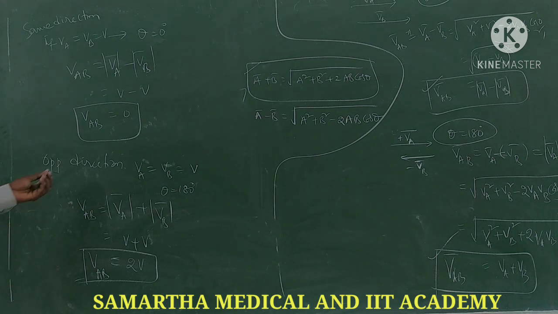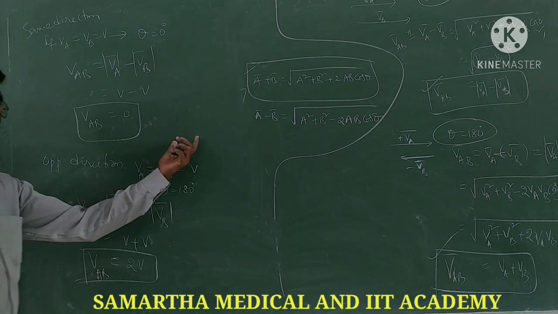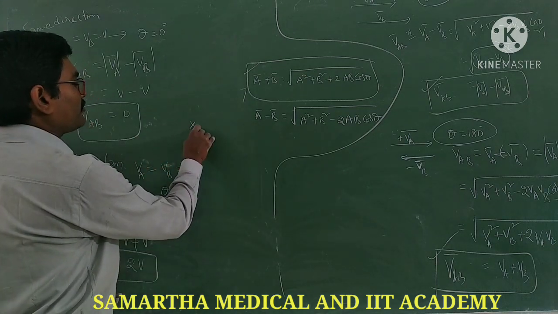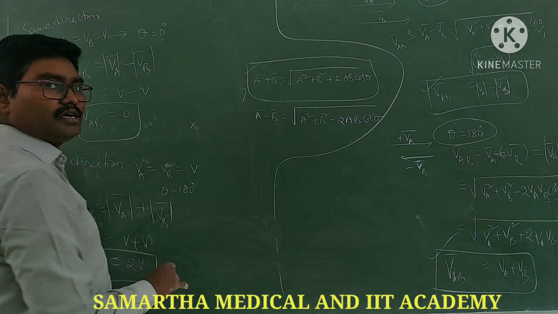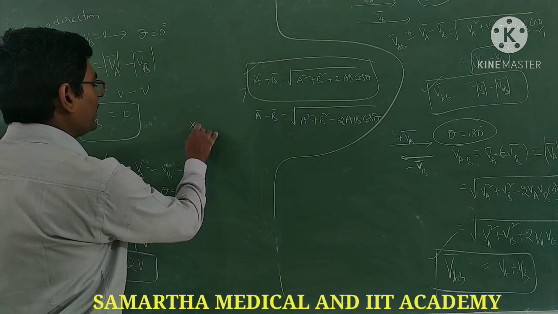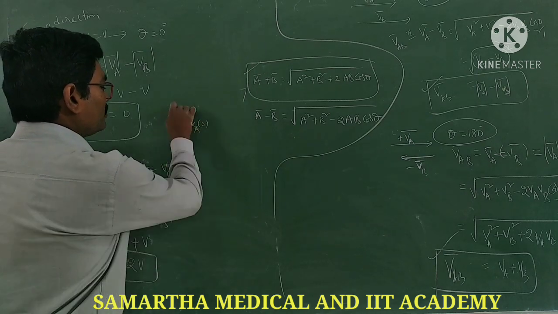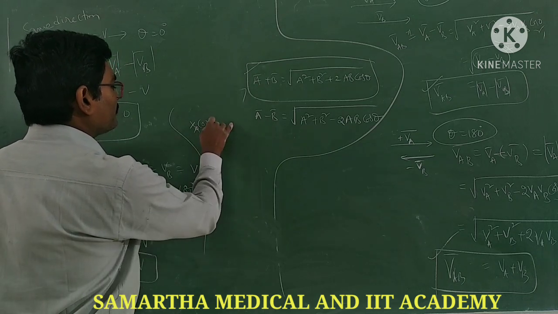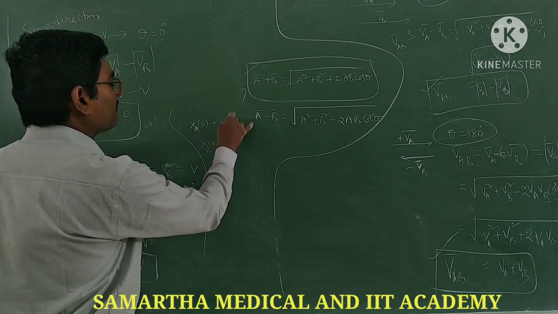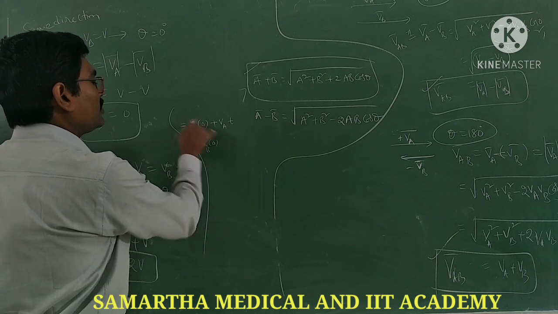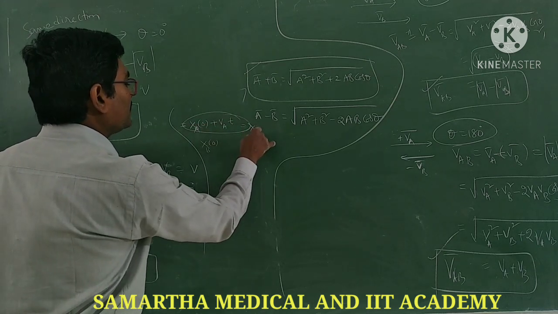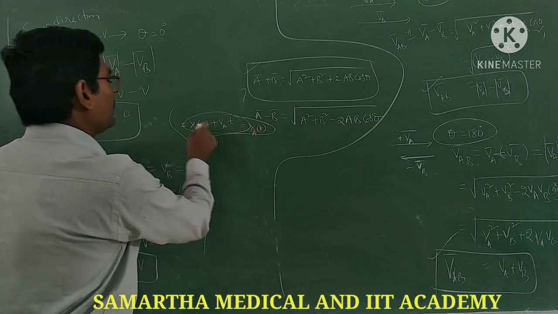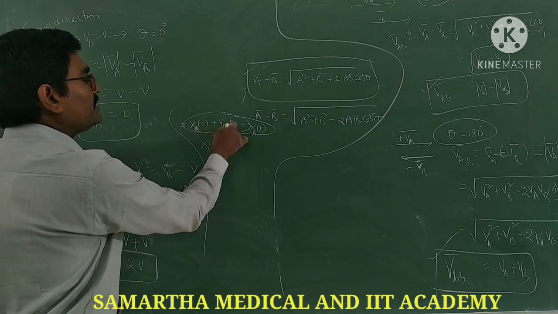Positions also they may ask. Suppose a particle starts from the origin at x naught at time t equal to 0 for A, and for B also it is at 0. If A is going with a speed Va, after time t seconds the position of the first body will be xa at t is equal to xa at 0 plus Va into t.